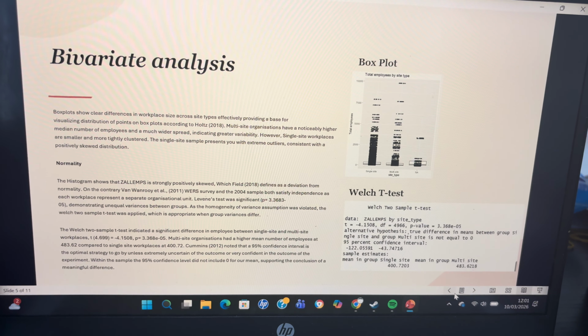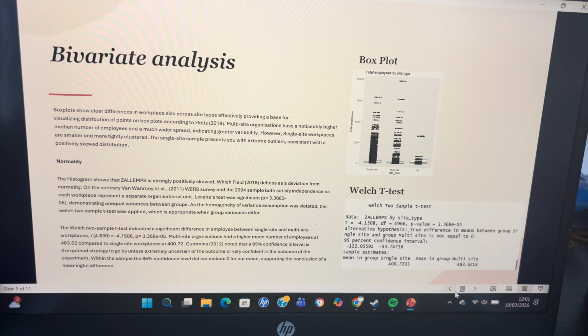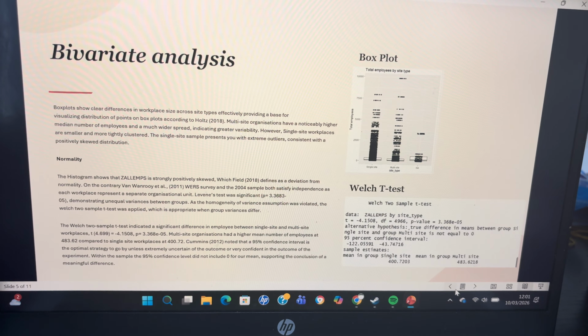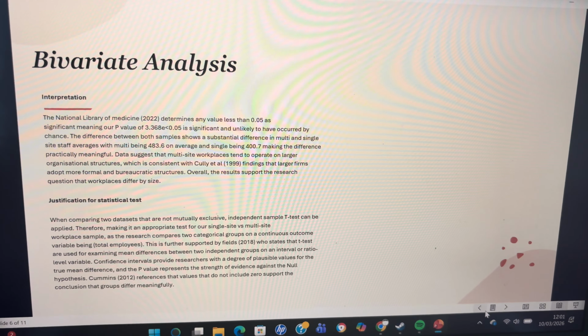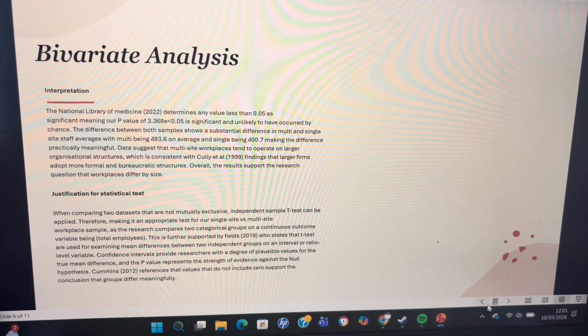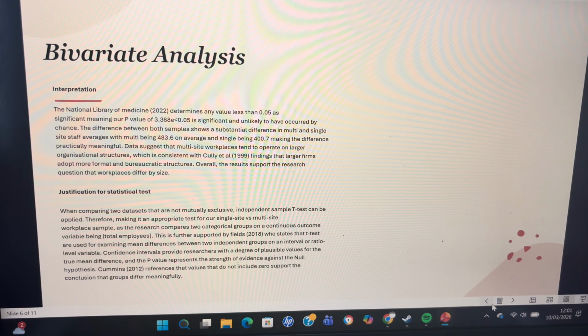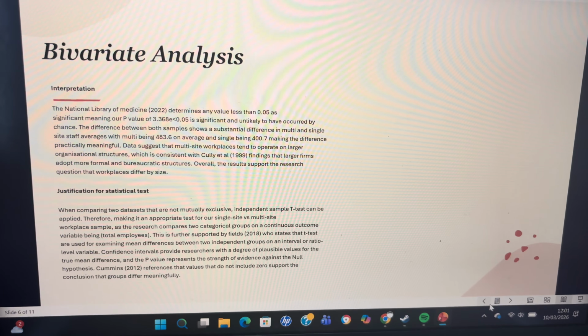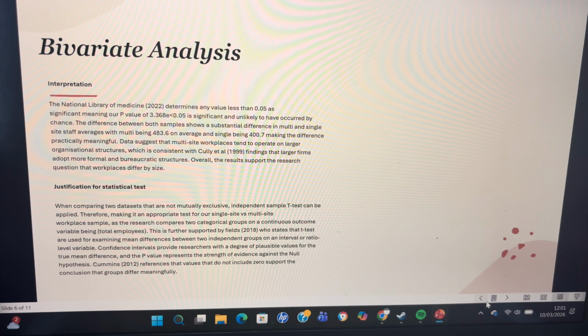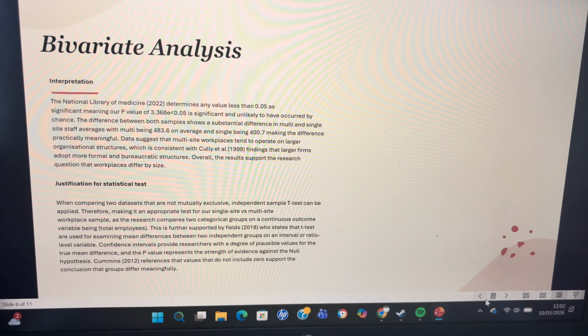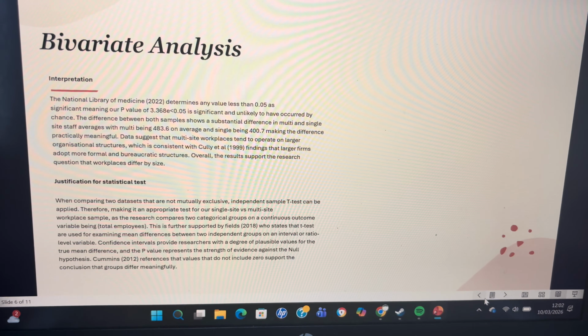Within the sample, the 95% confidence interval did not include 0 for our mean difference, supporting the conclusion of a meaningful difference. The National Library of Medicine determines any value less than 0.05 as significant, meaning our p-value of 3.368 less than 0.05 is significant and unlikely to have occurred by chance.